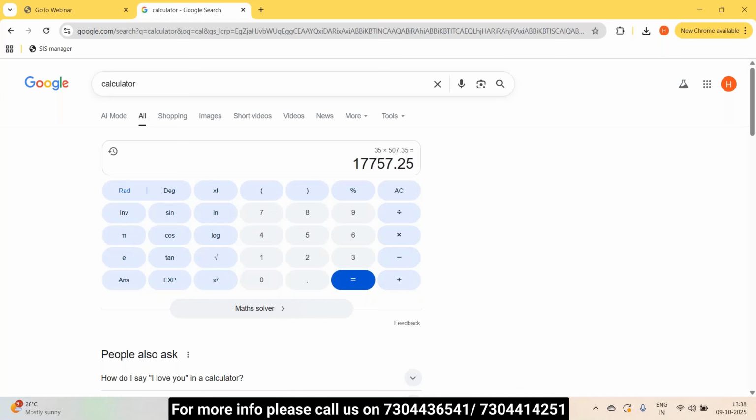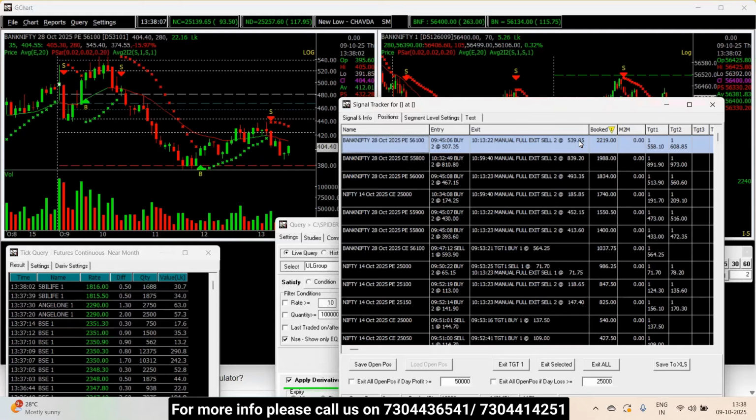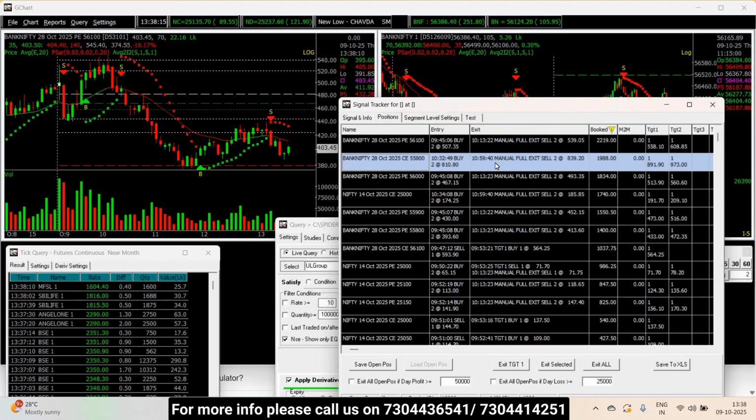And the same way you can calculate the profit as well. 539 into 0.5, it booked 2,219 profit. In the same way, this one as well.